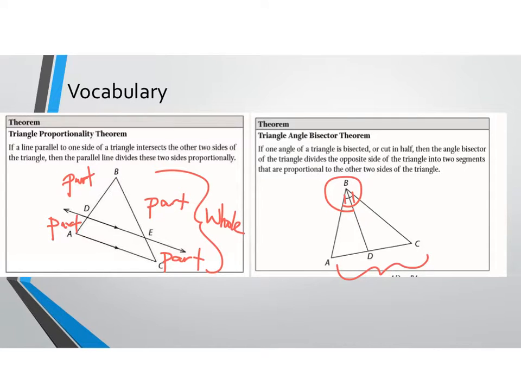Now that's a mouthful, but I like to say it's something like this: this side and this split part is proportional to this side and its split part. Again, your teacher may have a much better, simpler explanation of it. Those are some of the phrases I'll use to describe the situations.